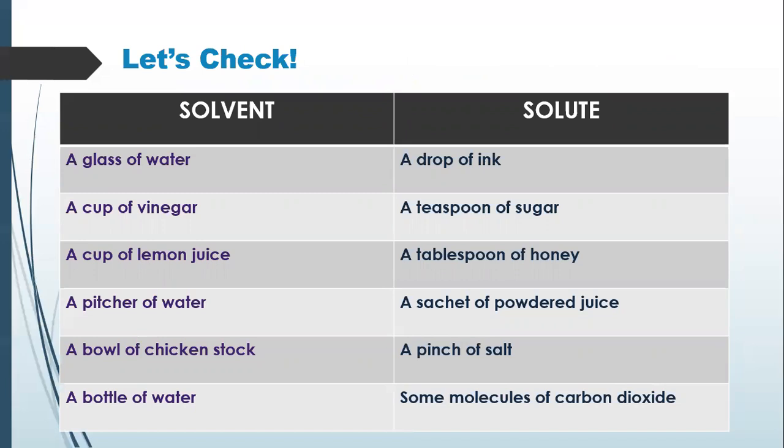And under solute, we have a drop of ink, a teaspoon of sugar, a tablespoon of honey, a sachet of powdered juice, a pinch of salt, and some molecules of carbon dioxide. Count the number of check marks. If you got perfect, that means your score is 12. Did you get a perfect 12?